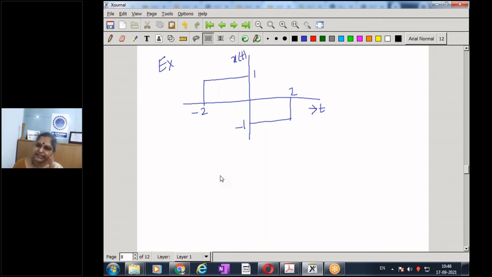Integration means what? We walk, stand, look to the left and see the area. Please share the result. Please participate. You walk, you stand, you look to the left.